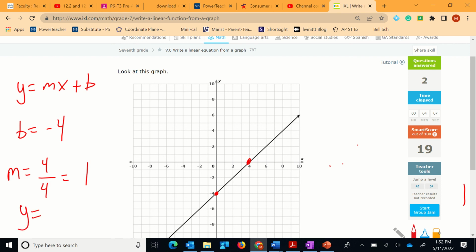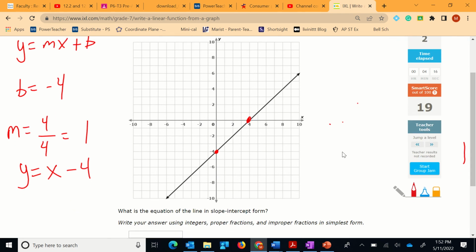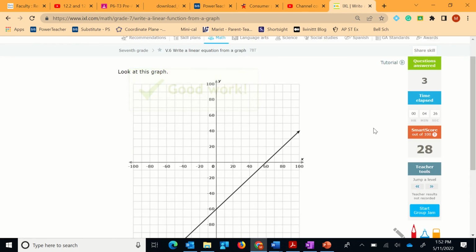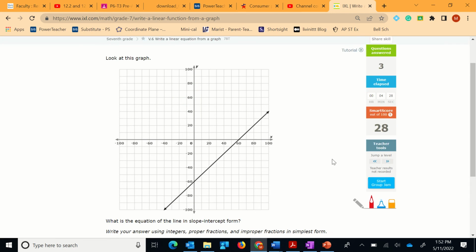So y equals slope, which is 1, multiplied by x, plus b, plus negative 4. So we can write it as subtraction. You could write plus negative 4, that's fine. But I'm going to write it as minus 4. Y equals x minus 4. There you go. Let's try one more, and then I'm going to send you off on your own.